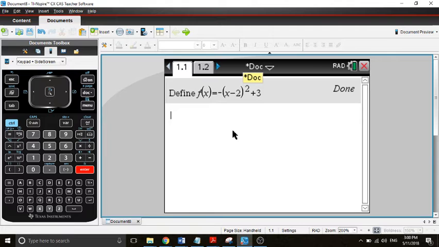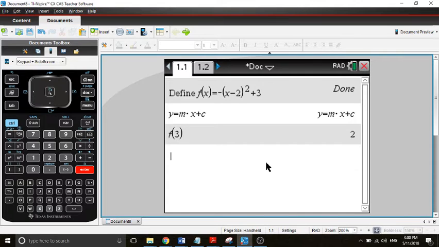Now to find the tangent, remember I want to write it in terms of y equals m times x plus c, where m is the gradient, x and y are our points, and c is the intercept. If x is equal to 3, we've got to find the value of f of 3.